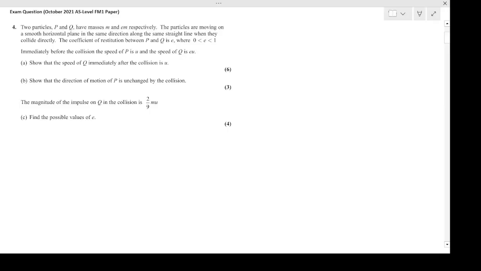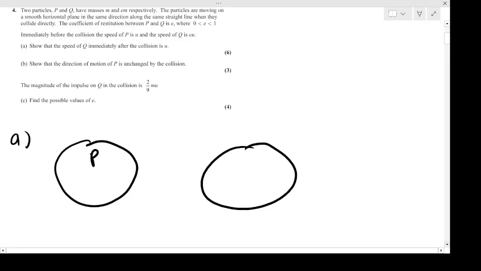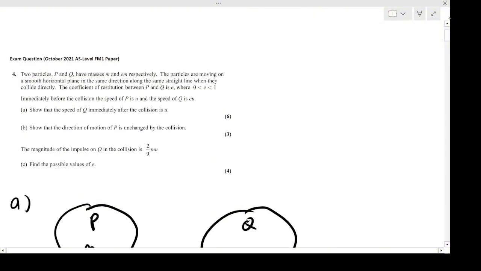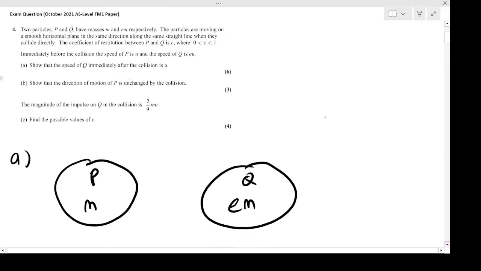Okay, so again, we just need to consider my speed. So if I draw a diagram, I have P and Q, and P has mass M and Q has mass EM, which is quite interesting. It involves E. Then we're told they're moving in the same direction.